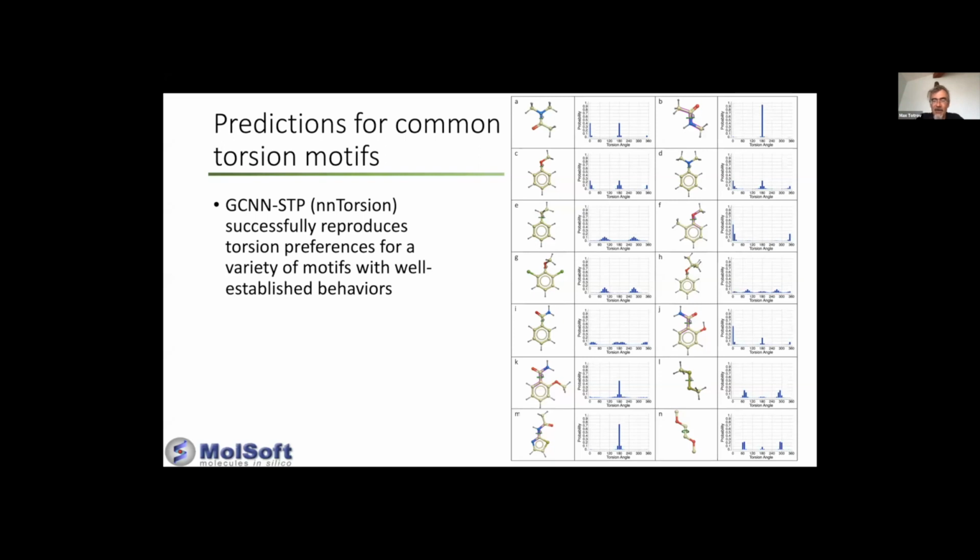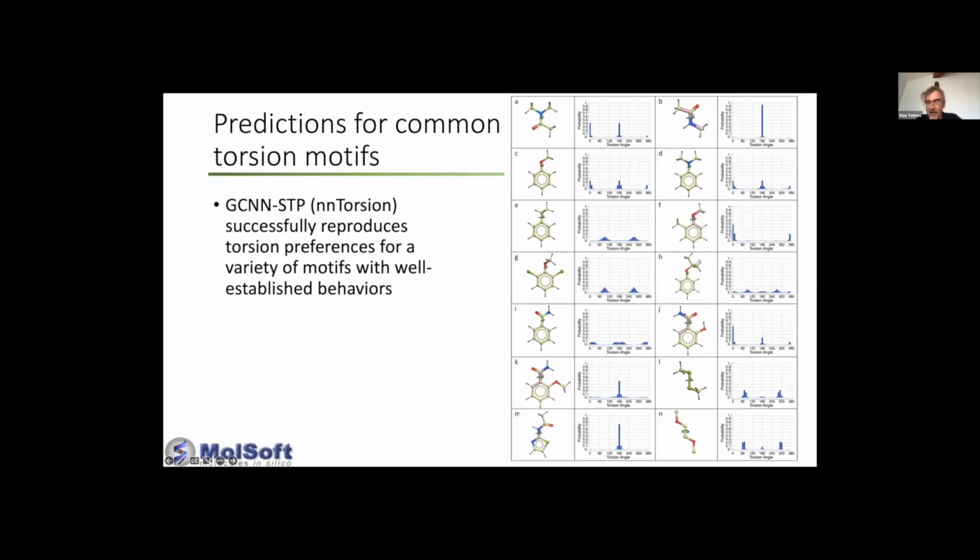But if you look towards the middle, we tested cases where there are steric restrictions from a more distant atom, and it removes peaks that would otherwise be there. If you have two ortho substituents, then both peaks disappear and move into the 90-degree region.